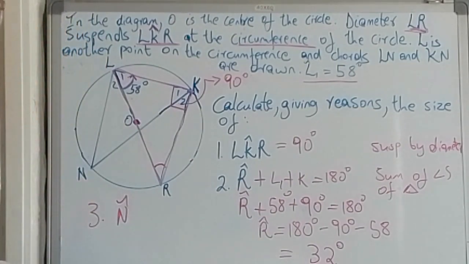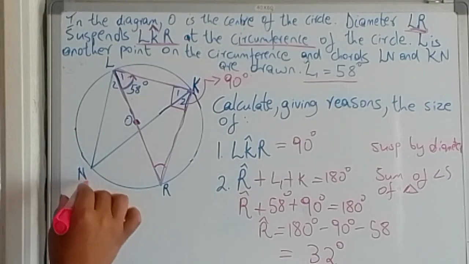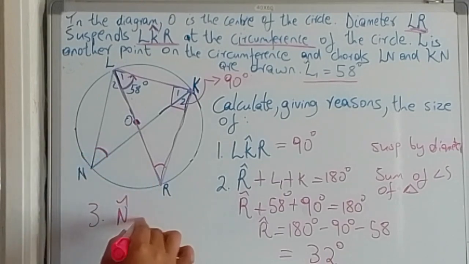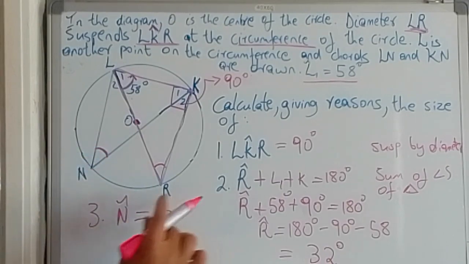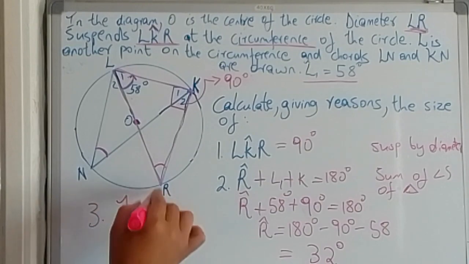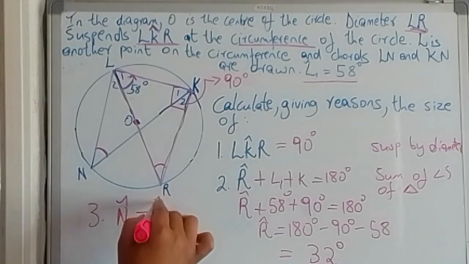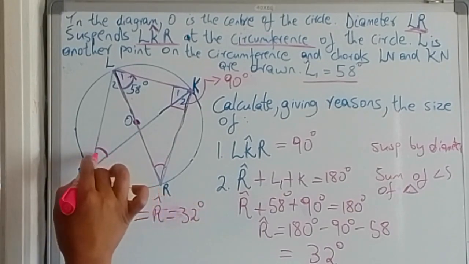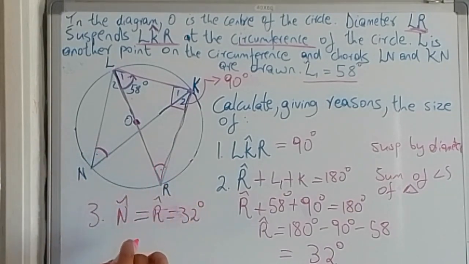Okay, and then lastly we are required to find the magnitude of angle N, the angle here. This is the easiest one. Angle N is equal to angle R equals 32. Why are we saying angle N and R are equal?